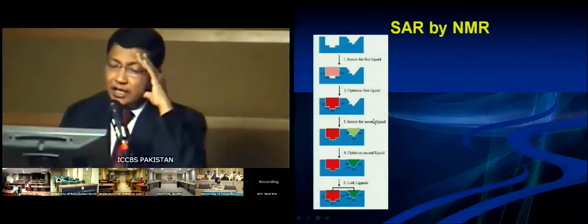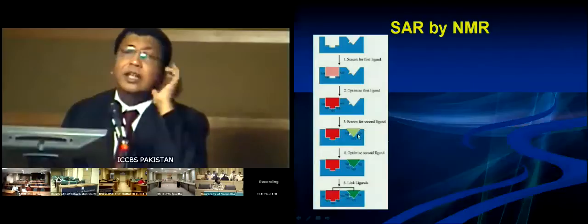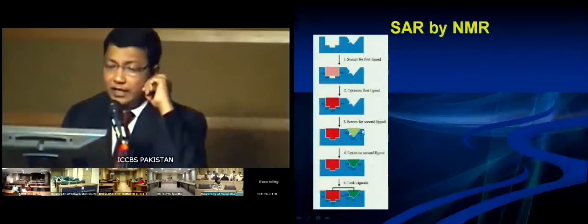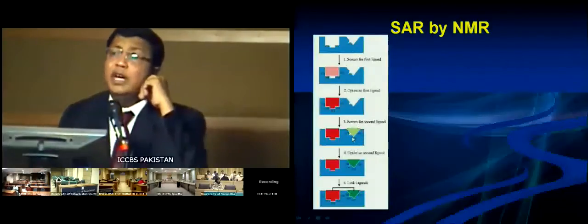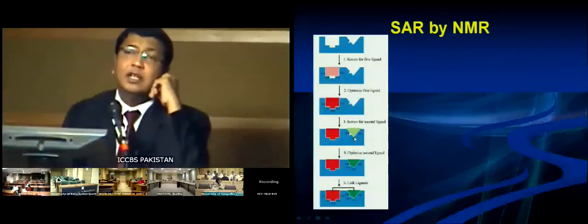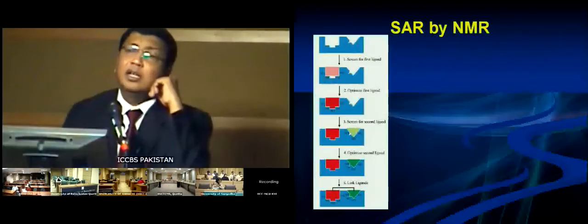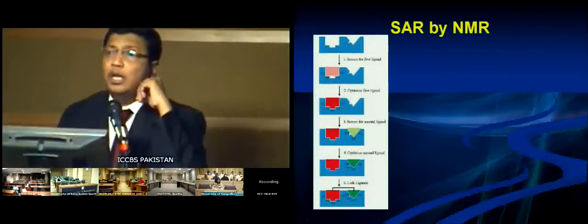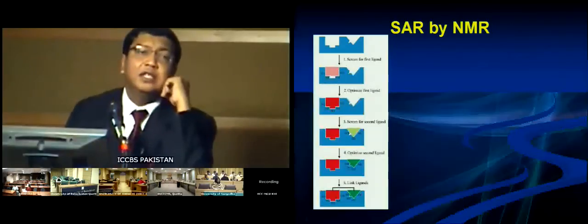And then you screen the second ligand also. Now you take out lots of ligands and you discover that at the second active site or a peripheral site, there is a ligand which interacts with the active site. And remember, you are doing it every time by measuring the chemical shift and intensity of the signal. Nothing else. Kindly remember that NMR can give you only the proton chemical shift and intensity of the signal.